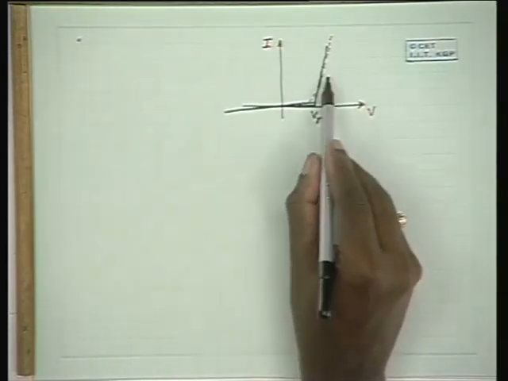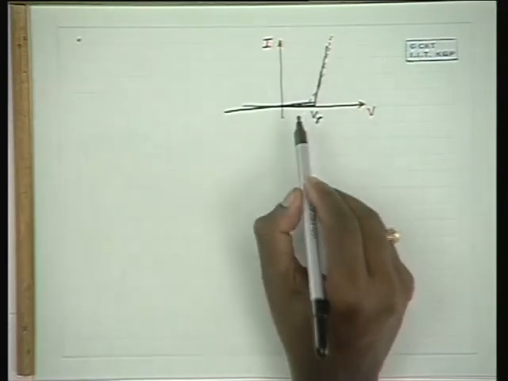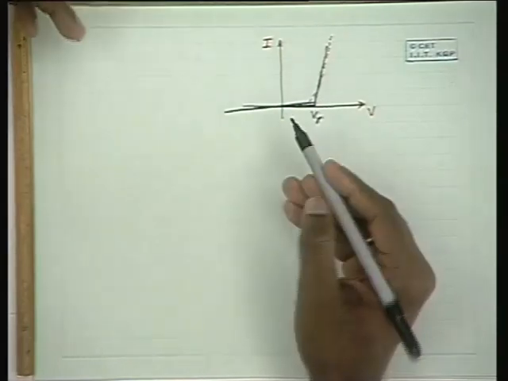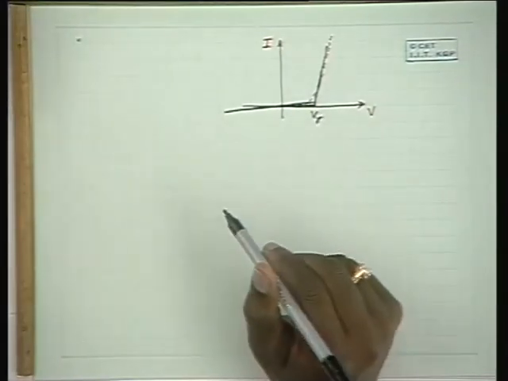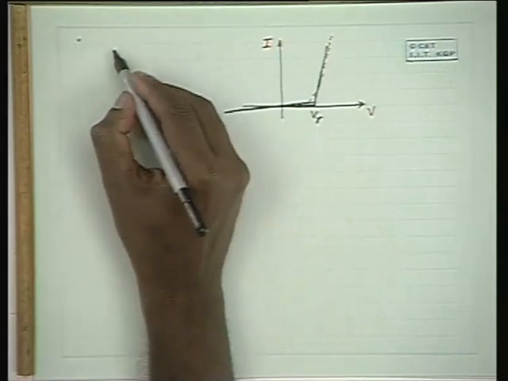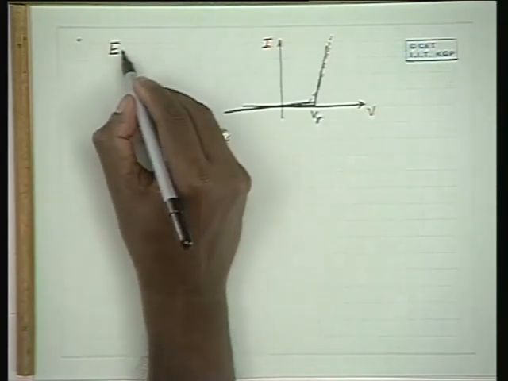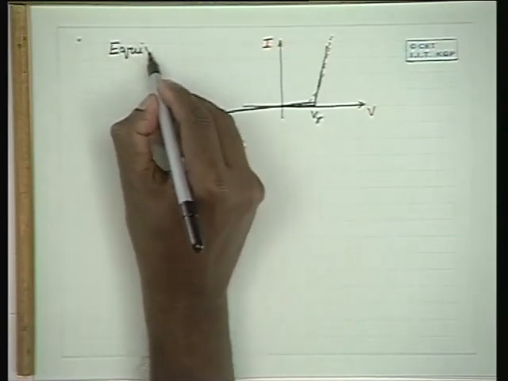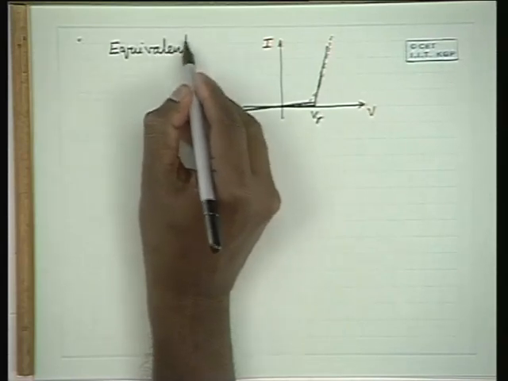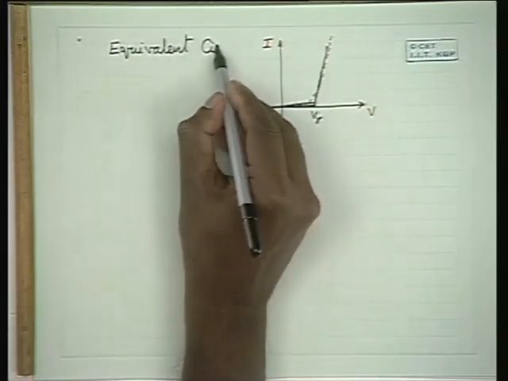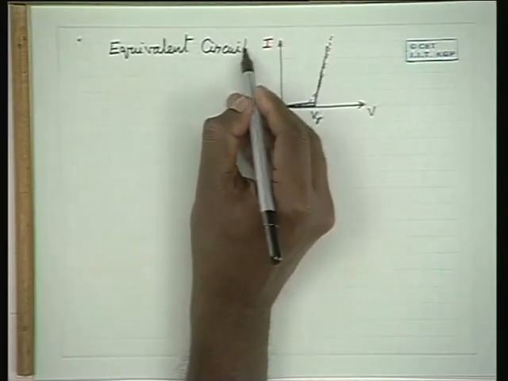So by first expressing it in this kind of piecewise linear characteristics and representing it by an equivalent circuit, let us see what is the equivalent circuit of the diode after this piecewise linearization.